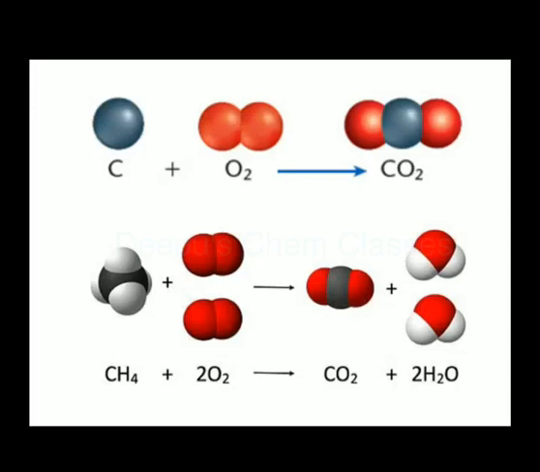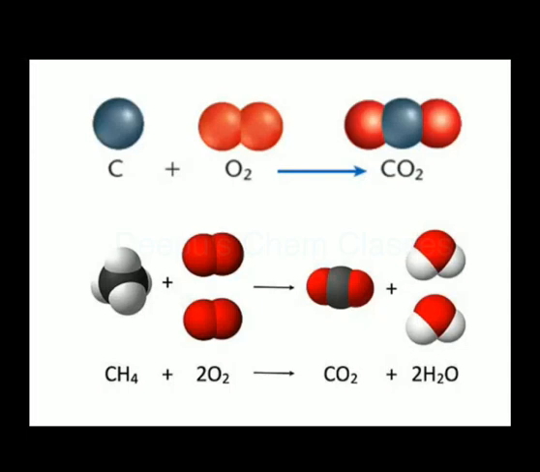In the first equation, 1 molecule of carbon reacts with 1 molecule of oxygen and gives 1 molecule of carbon dioxide. We are speaking in terms of molecules, but it is not easy to represent this by molecules, because practically we cannot count the number of molecules. So instead of molecule, we replace it with the term mole.